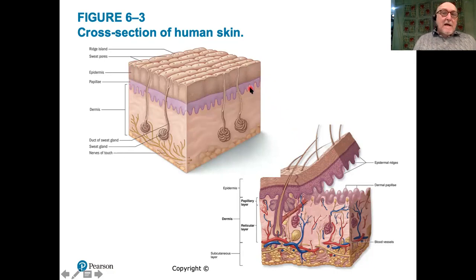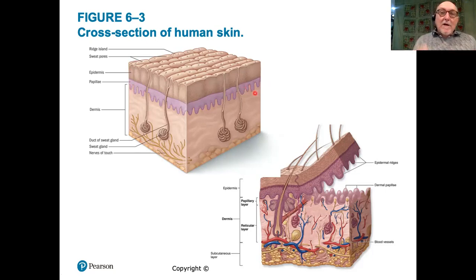Below that, there is a very thin layer called the dermis. And the dermis has associated with it cells which divide to produce the epidermal cells. So there is a generative layer there.